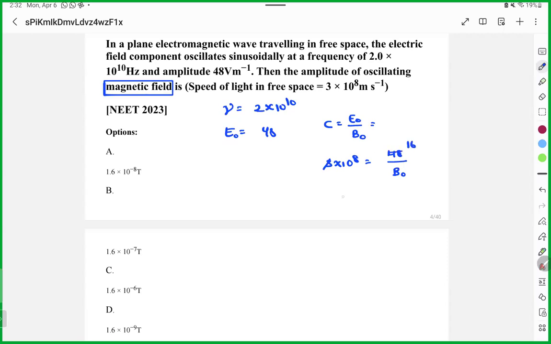So 1.6 into 10 to the power minus 6. So option C. This will be 16 into 10 raised to power minus 8, so 1.6 into 10 raised to power minus 7. What I'm getting is option C, sir. Maybe some mistake. What is this? If you divide this 48 by 3, what will be the value? 16. This 8 will go to the other side, minus 8. So 16 into 10 to the power minus 8. If you convert it into 1.6, minus 7.